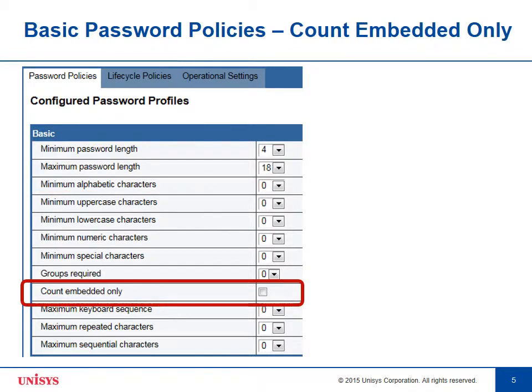If Count Embedded Only is selected, then the first and last characters of a new password are not counted in alpha, upper, lower, number, or special character counts. For example, if John1 is a password and this option is selected, then the character counts would only use the 3 lowercase characters OHN.